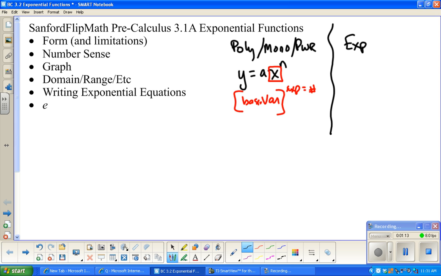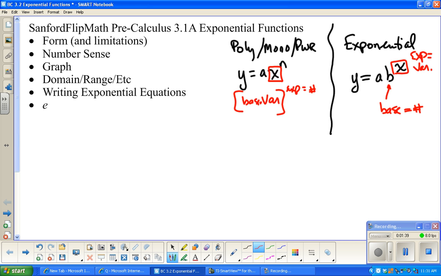Exponential functions also have exponents, but instead of the exponent being a number, the exponent involves a variable. So this is an example of an exponential function. Note that the base now is a number, and the exponent is a variable, or at least has a variable in it.